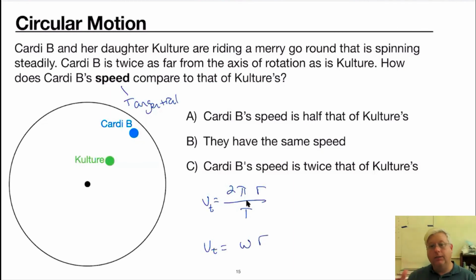So it does depend on radius. Since Cardi B is twice as far from the axis, the radius is twice as big, well then the tangential speed is going to be twice as much.